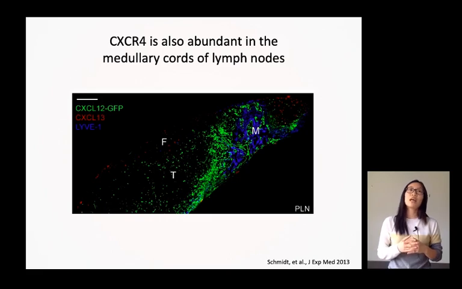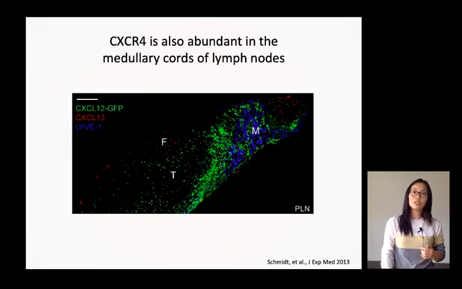We knew that Jason Cyster's lab had previously shown that the chemokine CXCL12 was abundant in lymph node medullary cords. Shown here in green is CXCL12-GFP, and again you can see that it's very abundant near the medulla of the lymph node. So we investigated whether CXCL12 and its chemokine receptor CXCR4 might also contribute to NK cell positioning in the medulla.